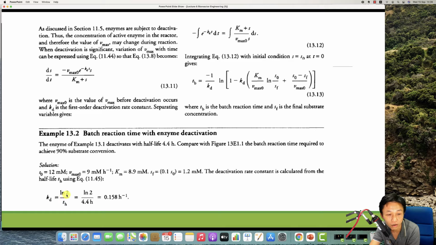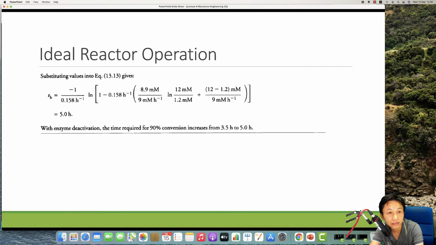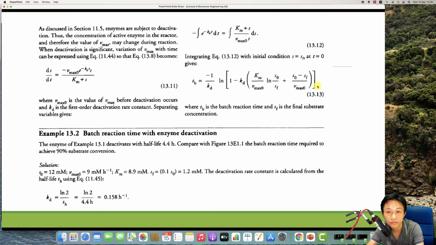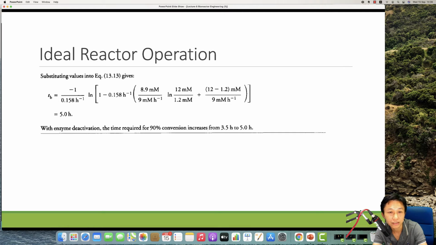Natural log of 2 over TH. Okay, we have KD here, which is 0.158 per hour. And then we substitute into this equation to get TB. We have everything here already, so we should know how to calculate it.